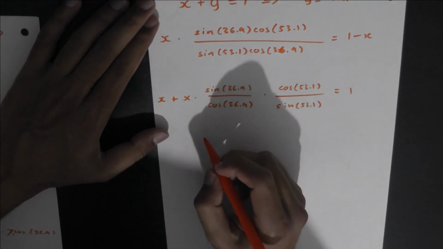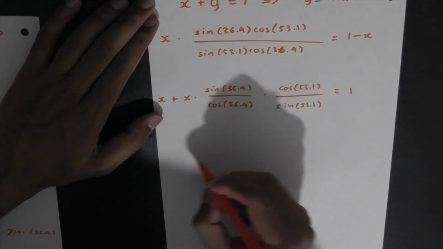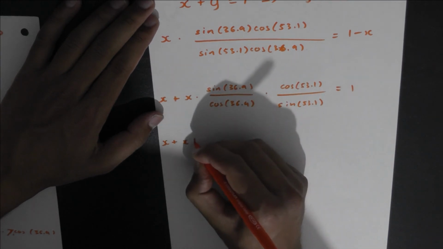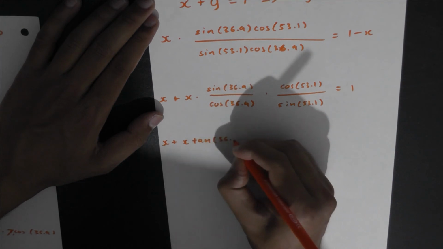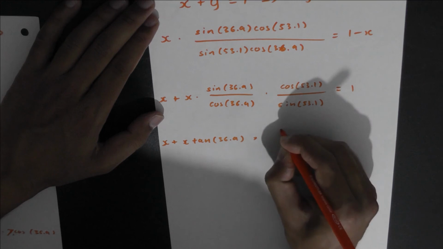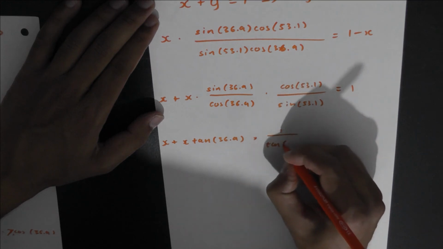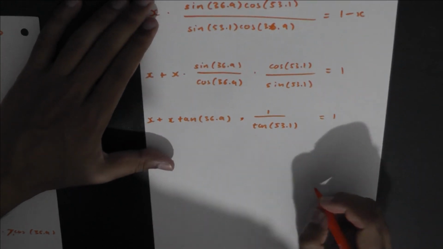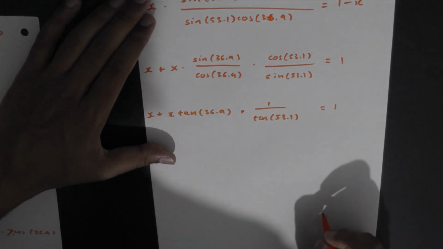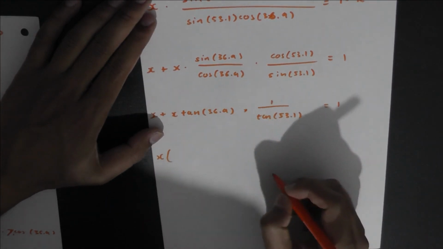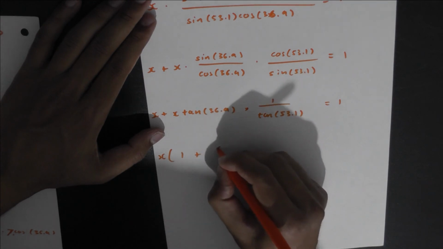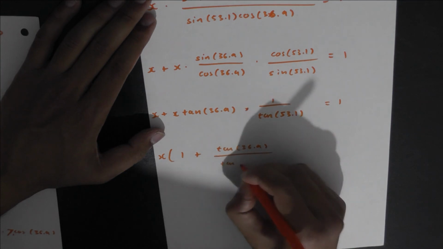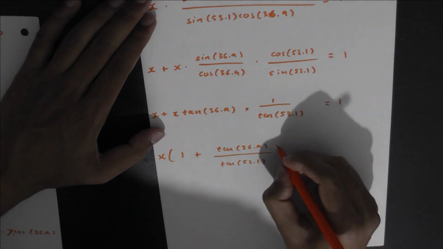Now I'm going to simplify even more. x plus x tan 36.9 times 1 over tan 53.1 equals 1. Now, what do we do next? Factorize: x times 1 plus tan 36.9 over tan 53.1 equals 1.